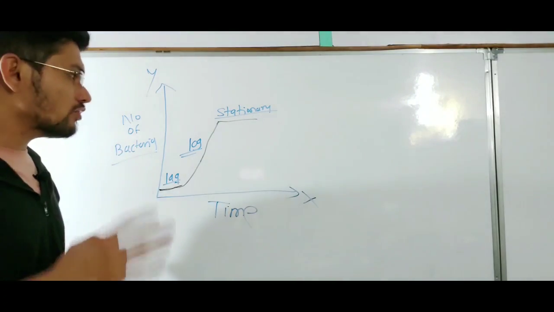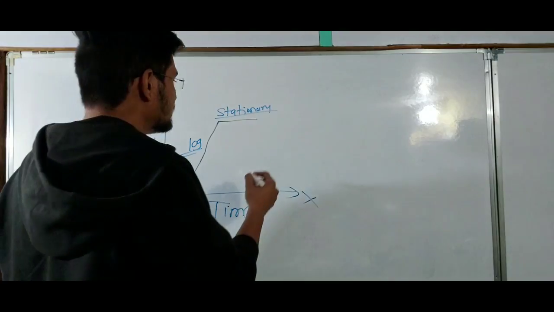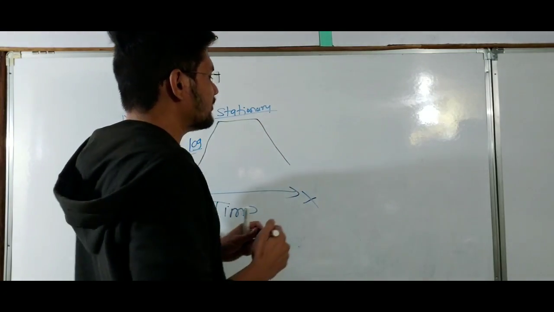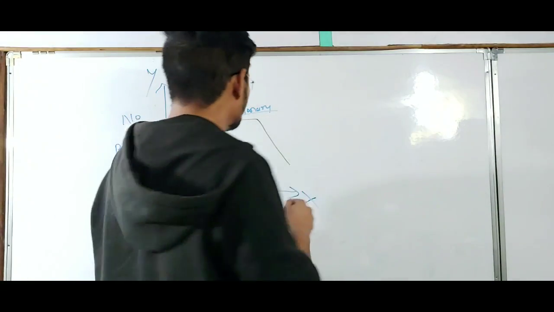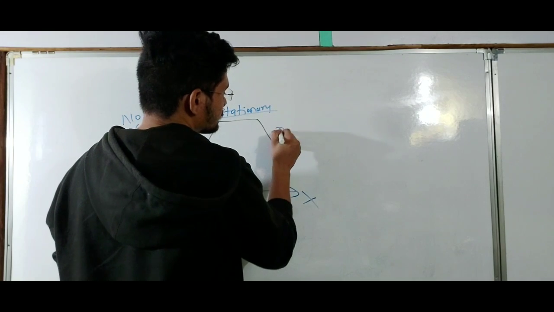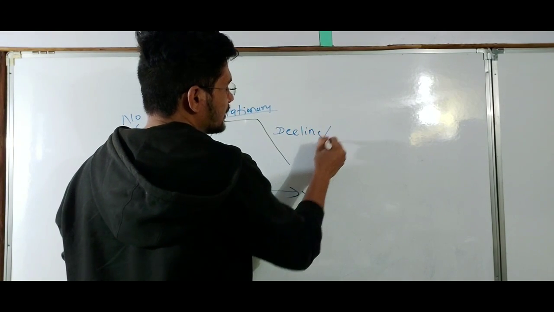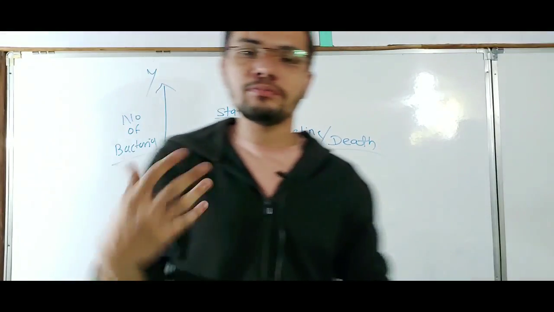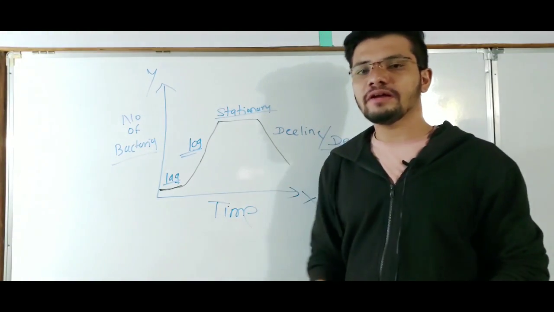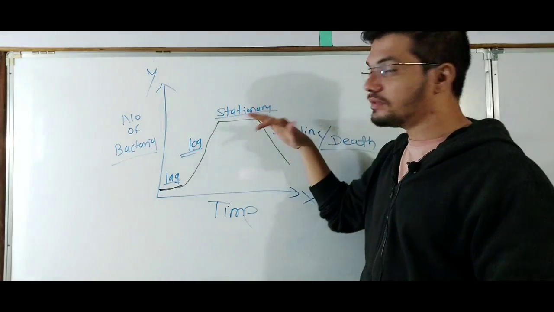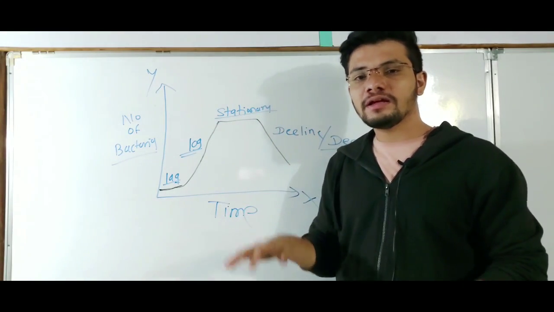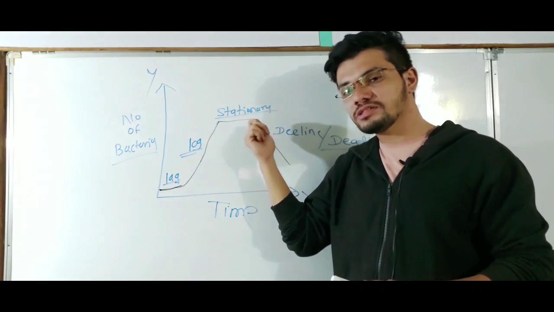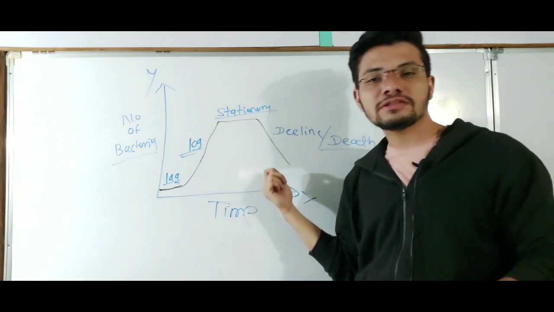And the fourth and last phase is the decline phase. In the decline phase, or the death phase, as we know that we have provided the bacteria a limited amount of medium, all the medium is depleted, is finished during the stationary phase, and at the end of the stationary phase, bacteria start to die more.